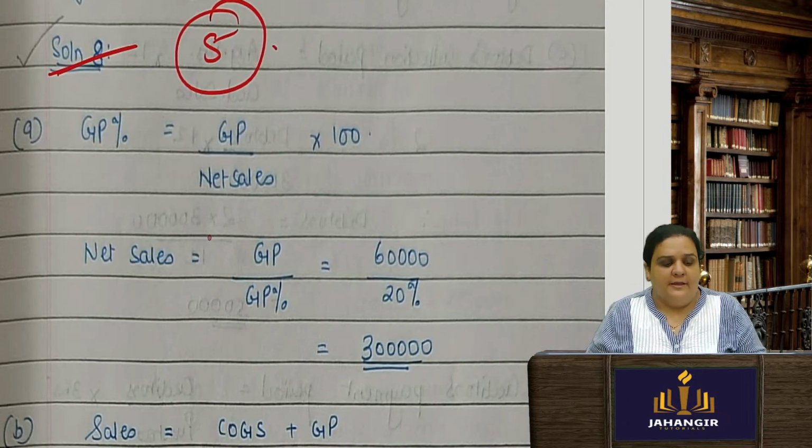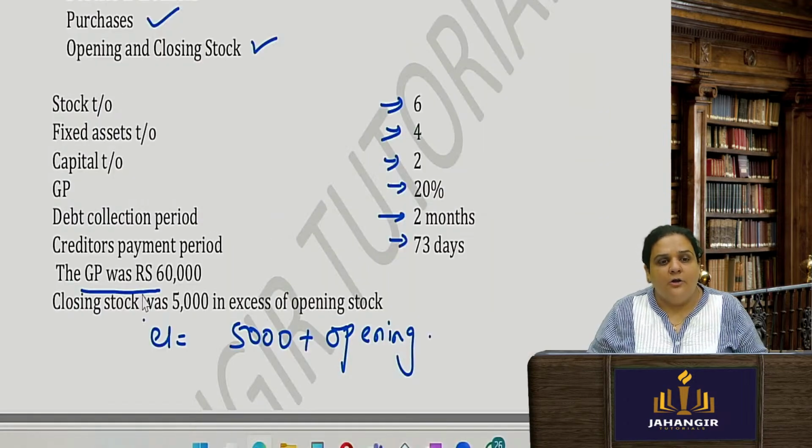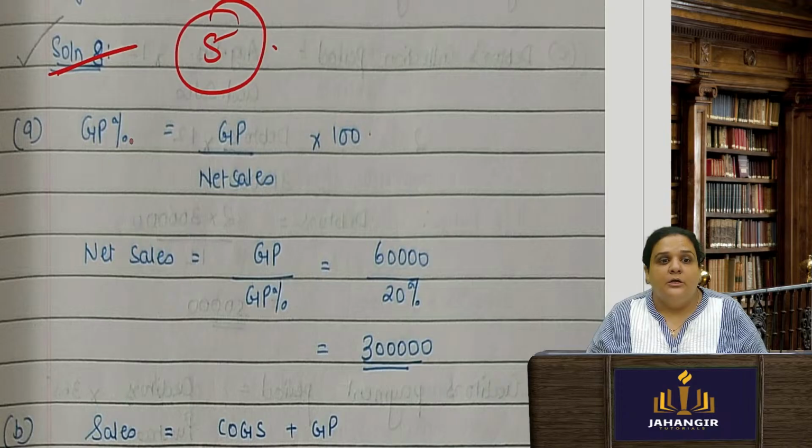Fine. First I will start with whatever I have. I have got gross profit. Gross profit will help me find the sales amount. How? Gross profit margin ratio. Gross profit margin is nothing but gross profit upon net sales into 100. I don't know my net sales, so I'll bring that to the other side of the equal sign: gross profit upon gross profit ratio. Gross profit is given, gross profit ratio is also given.